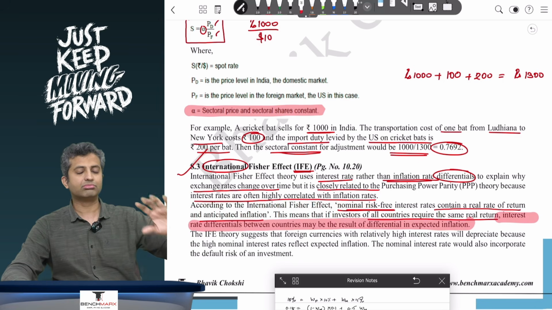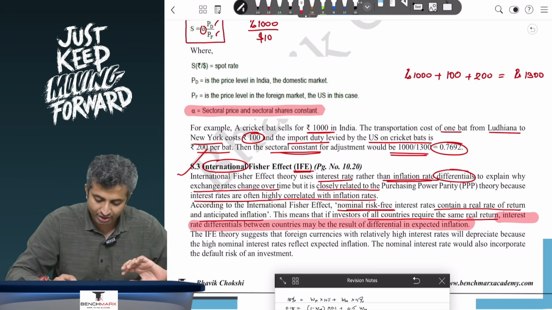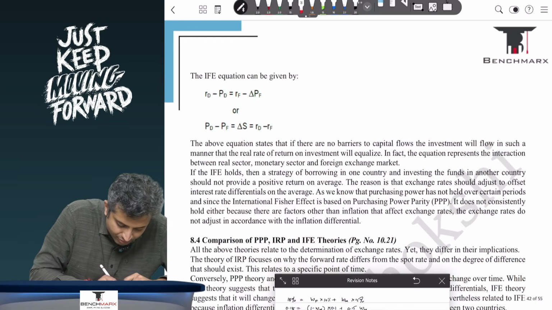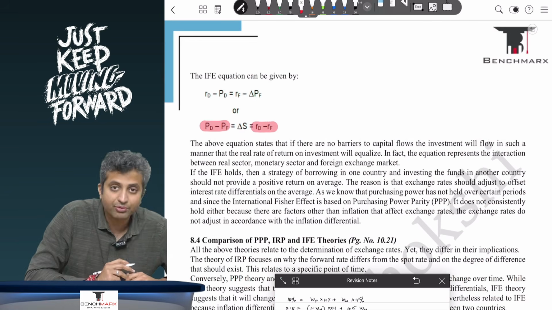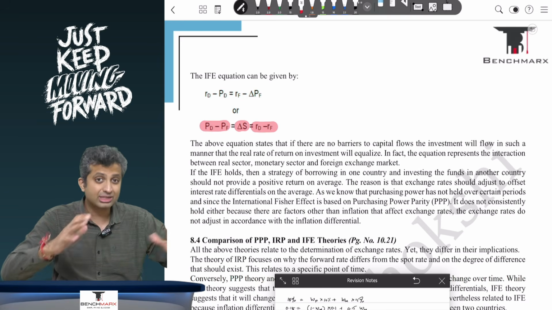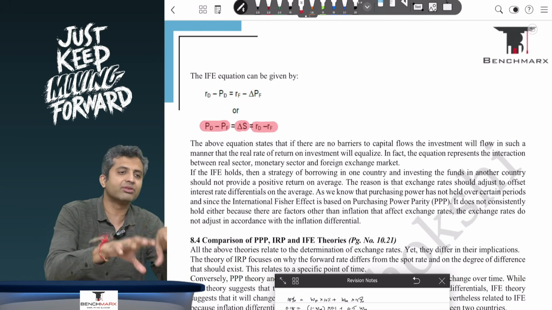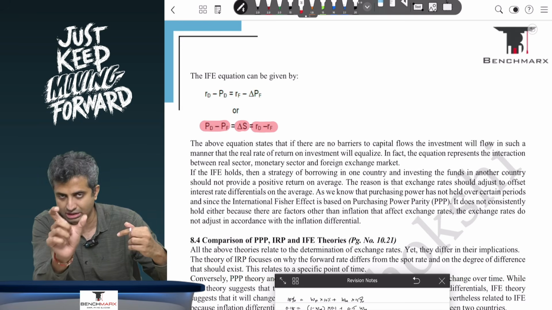So maybe you can use these theory points to find an equation where we said that the price difference, that is the inflation difference, equals the interest rate difference, equals the exchange rate difference. So basically what Fisher says is, loosely speaking, and I think this formula is not very correctly devised, because they have taken the difference.